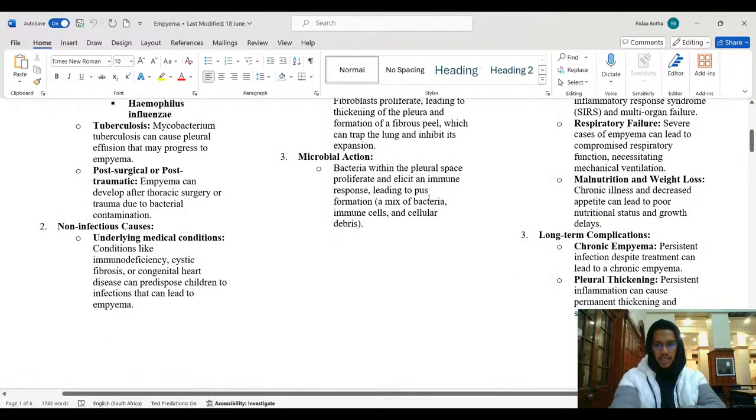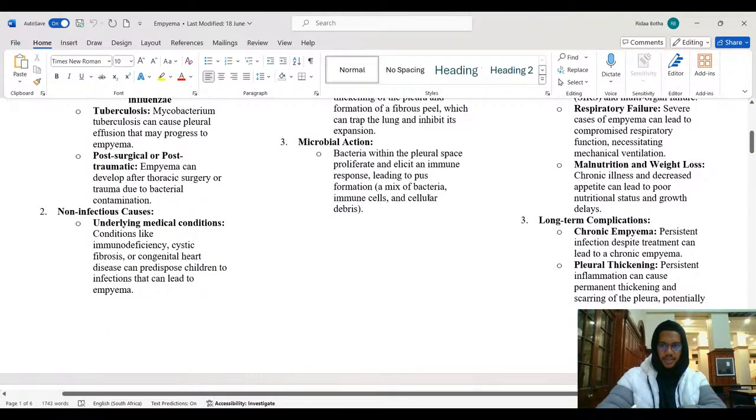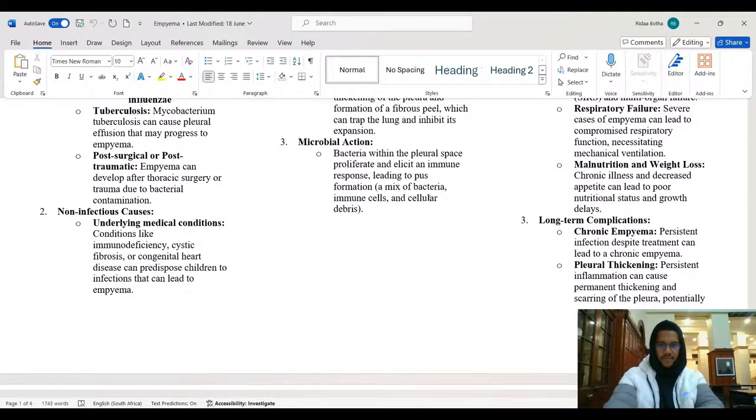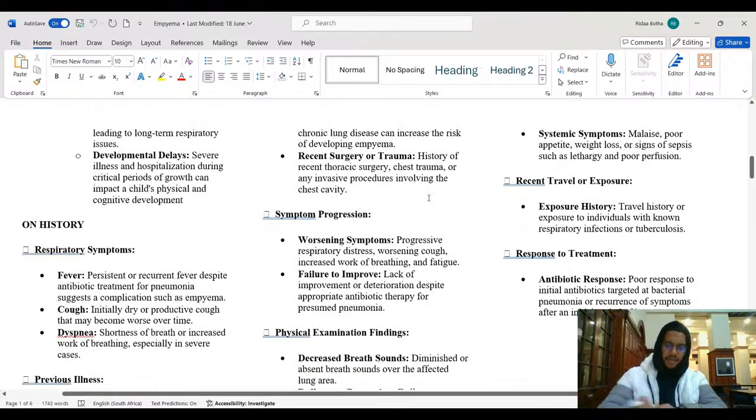Chronic empyema can occur, and pleural thickening can also occur, and also developmental delays as well.